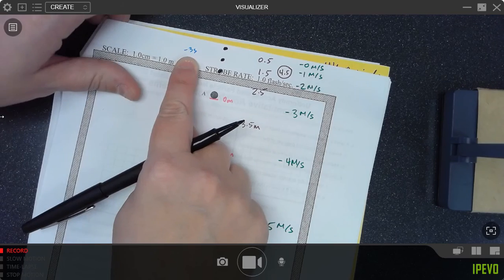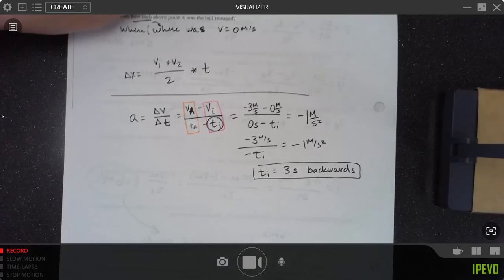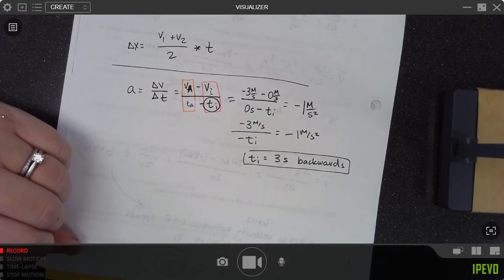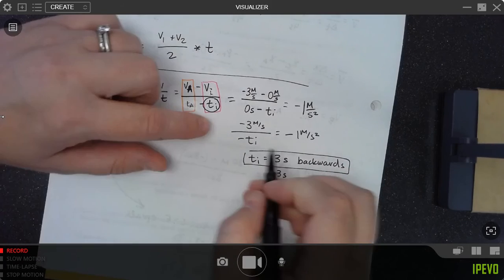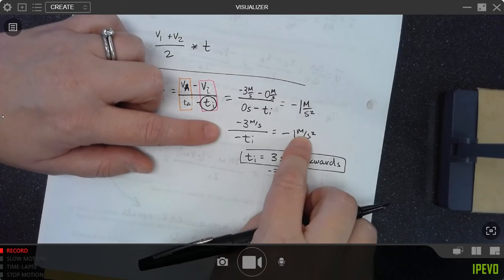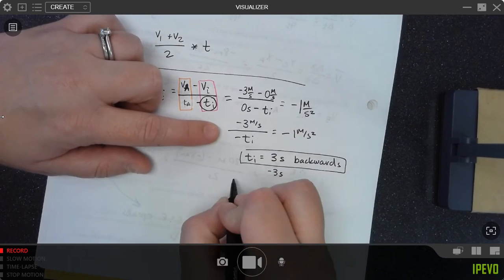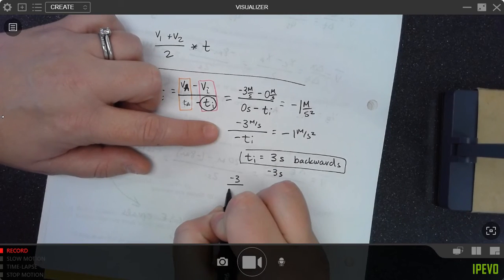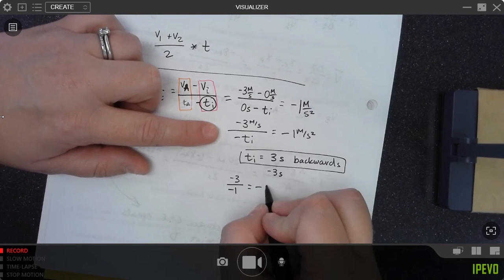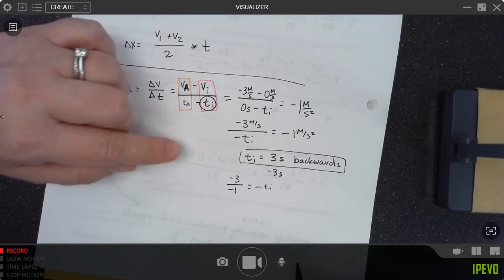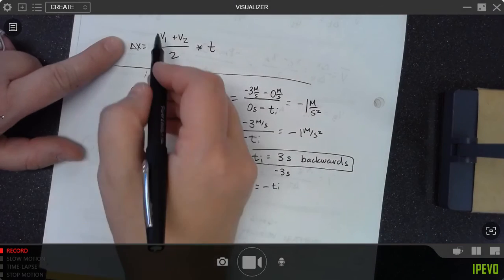So that's what we thought graphically was happening. So if it's 3 seconds backward, it's -3, because when we rearrange the stuff, if we switch these spots, it's going to be -3 divided by -1 equals minus ti. And they all cancel each other out. Okay, so then what do we do about this guy right here?